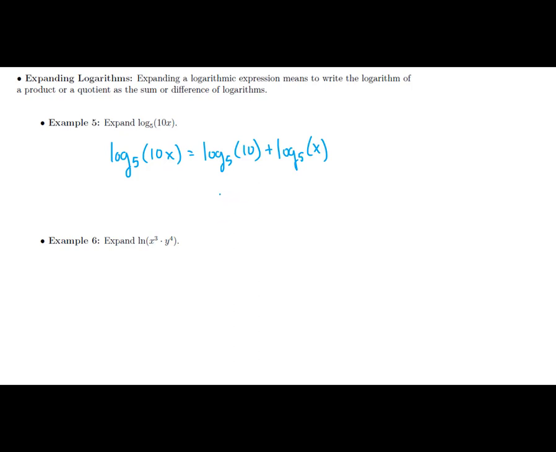One example I would give you is that suppose I'm thinking of this as the graph, y equals log base 5 of 10x. What this tells us is that when I write it like this, the 10 tells me I have a horizontal shrink of the graph of log base 5 of x.